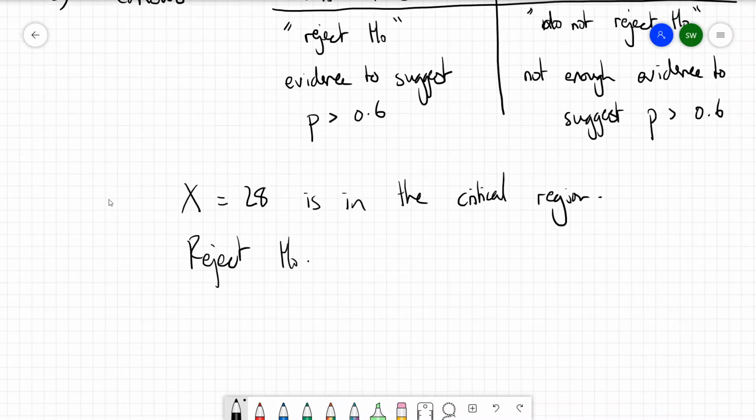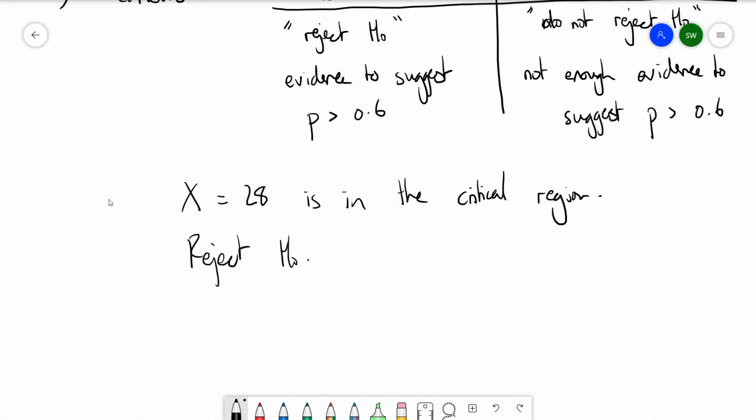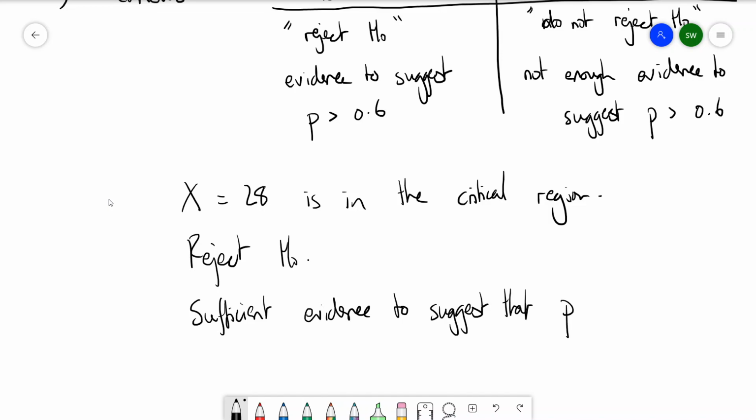And we're going to say, actually, there was sufficient evidence to suggest that h1 is true, which is p is greater than 0.6. Basically because we had enough successes out of the 30 to convince ourselves that the probability was big.